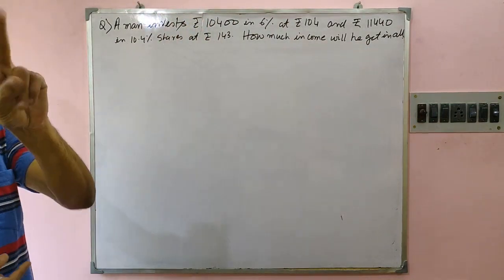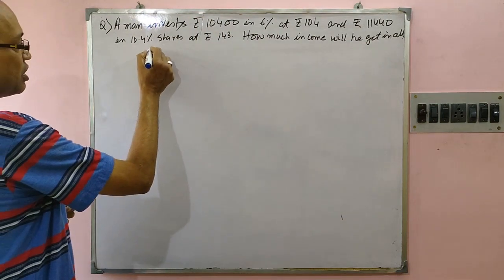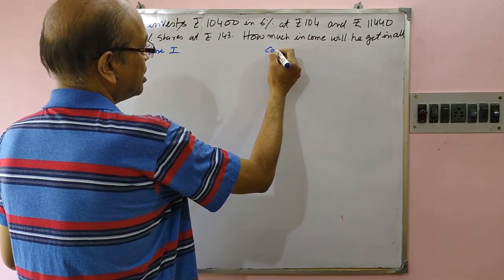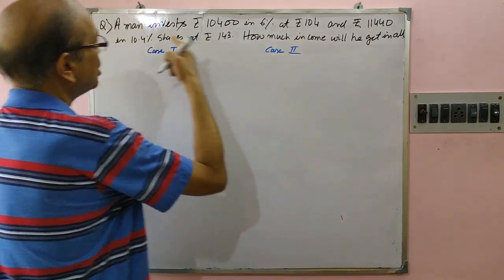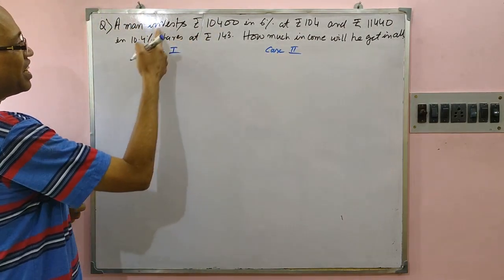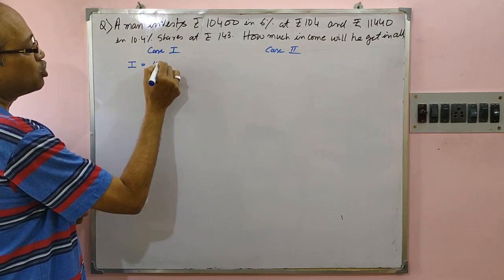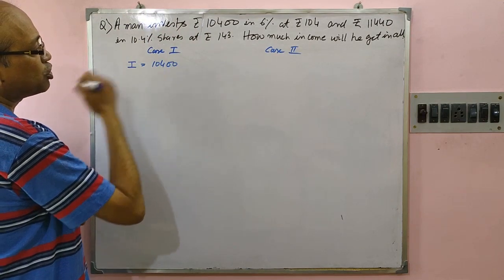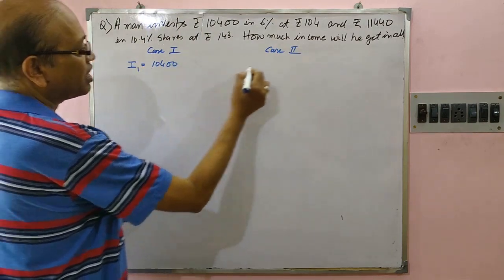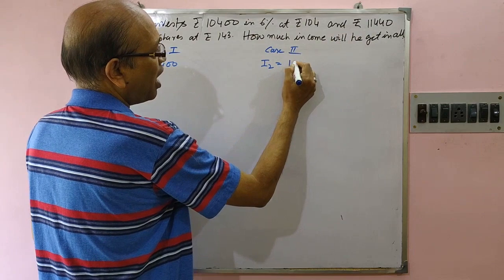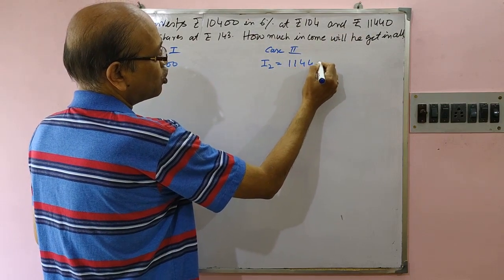Here there are two cases. Case 1, case 2. Case 1, investment I1 is equal to 10400. Case 2, investment 2, 11440.